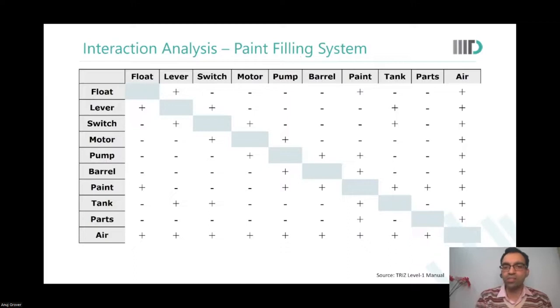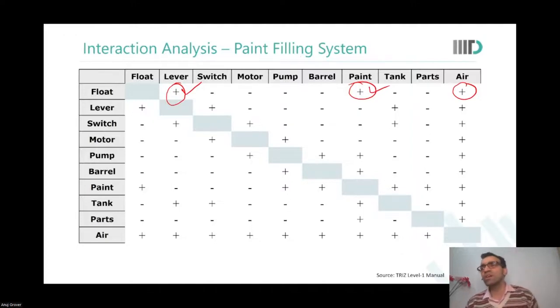You see, it is touching lever and paint and air. There are functions between lever and paint. The fact that air is in contact with the float is not of much significance for us. Air is just there. So no function is formed there.